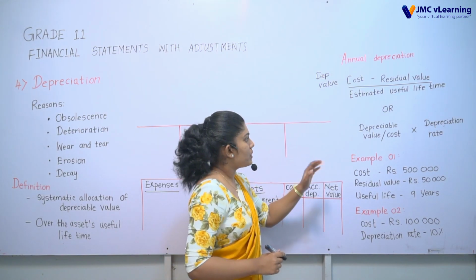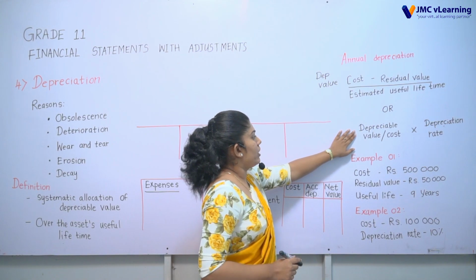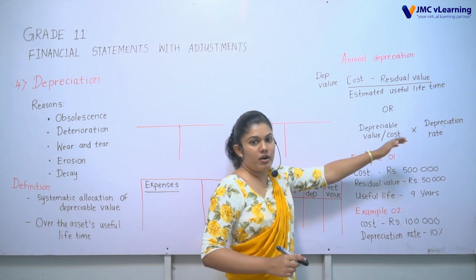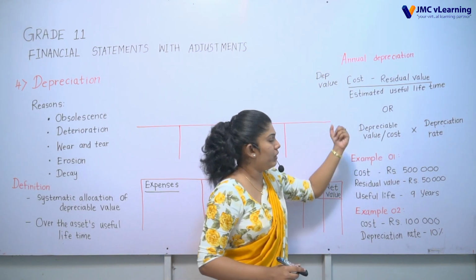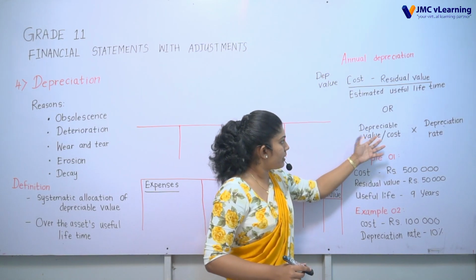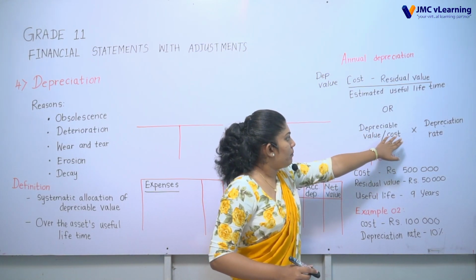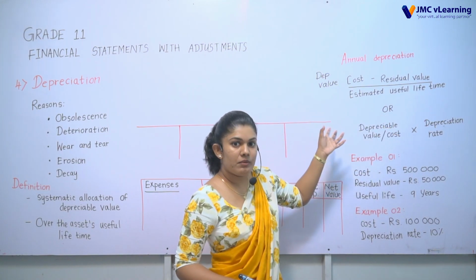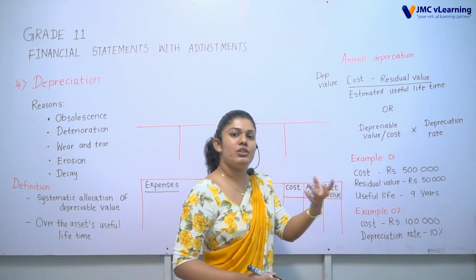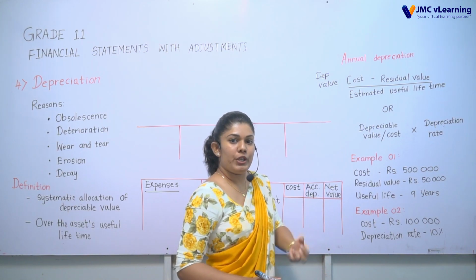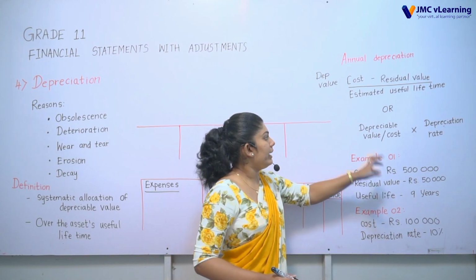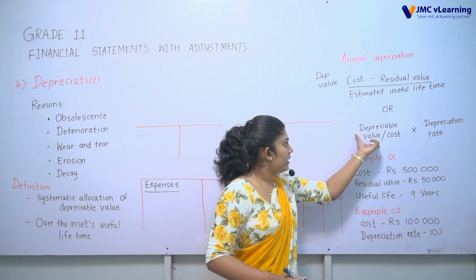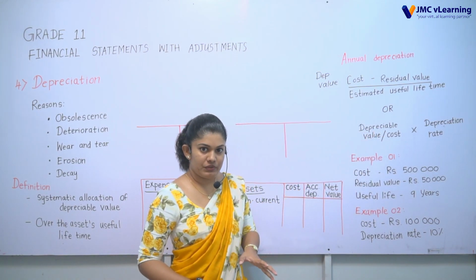Or we can use another method: depreciable value, or you can use cost if they haven't given this residual value, multiplied by depreciation rate. The rate I have given in the previous example, like 10%, 20%, like that. You have to multiply that rate by this depreciable value.